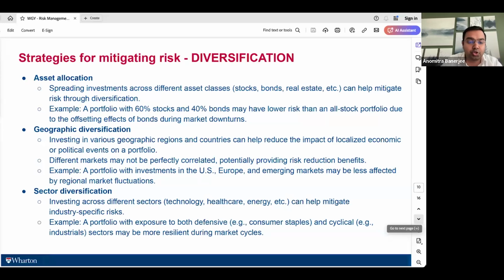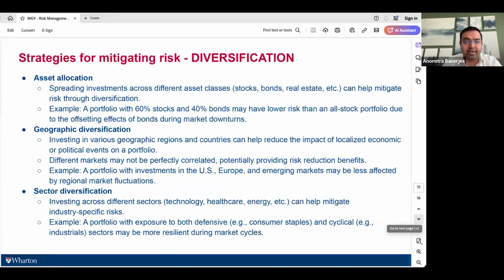You should know your risks and put your investments into stocks, bonds, real estate, and everything else. An example is a portfolio with about 60% stock and 40% bonds, which may have lower risk than an all-stock portfolio. So that is one way of diversifying and mitigating risk.